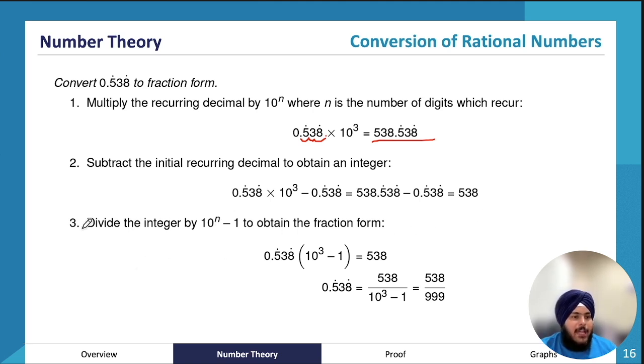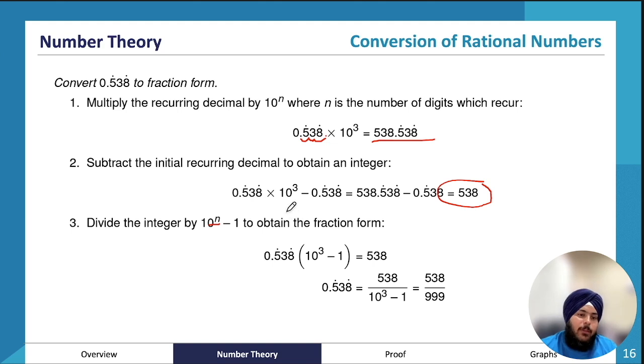We know that multiplying by 10 to the power of 3 and subtracting the recurring decimal gives us an integer, 538. Then we need to divide the integer by 10 to the power of n minus 1, where n is whatever you multiplied by to get an integer.